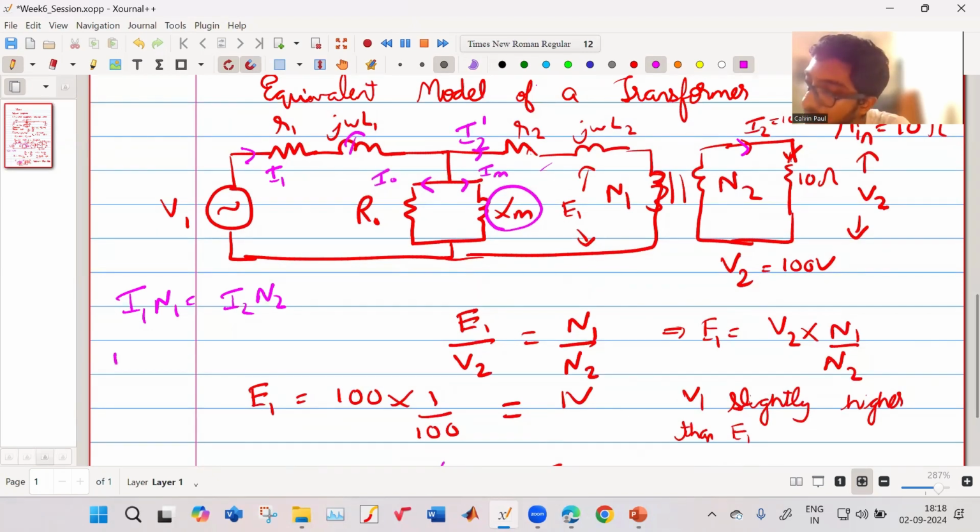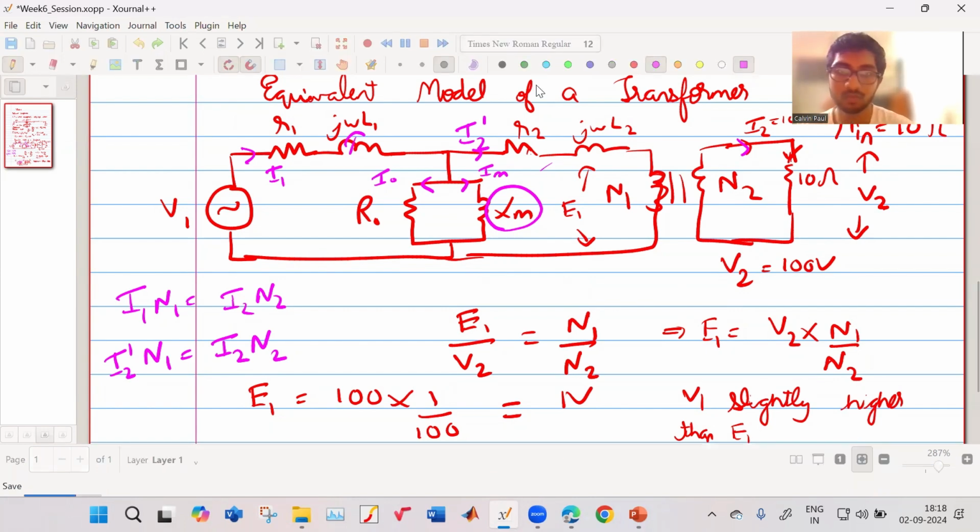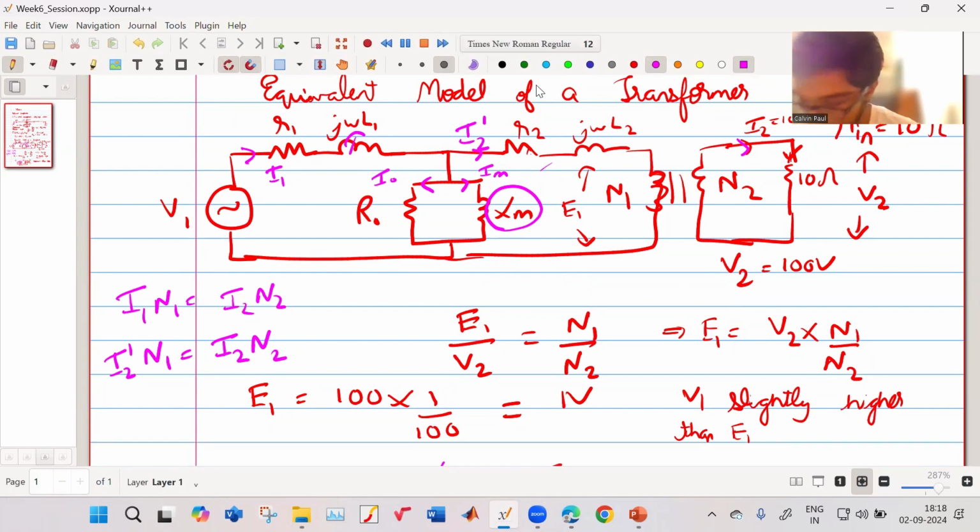What we can have is I2 dash N1 is equal to I2 N2, but we cannot have I1 N1 equal to I2 N2. Should I repeat again, or are there some queries? Because this is a very important concept about what a transformer actually represents.